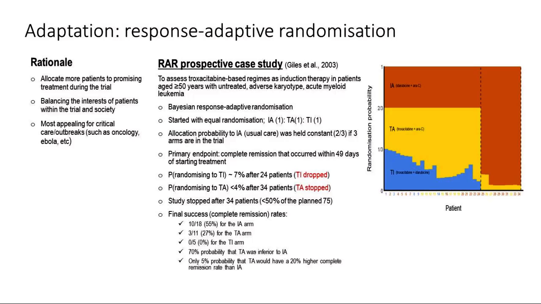So often the severity of the disease appears to reduce during an outbreak because you're looking for the mild cases. And that's a problem for adaptive randomization because your patient population is changing across the duration. So I think it's a design that could be a problem in many outbreaks.